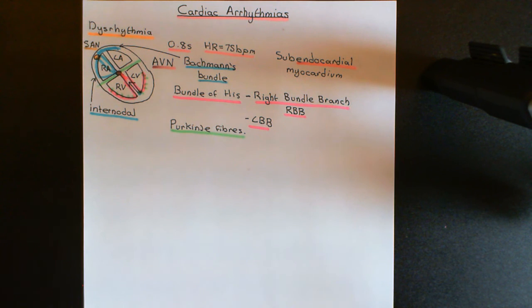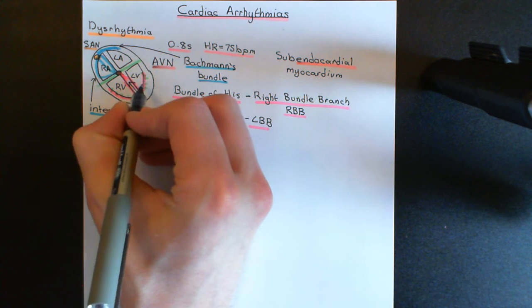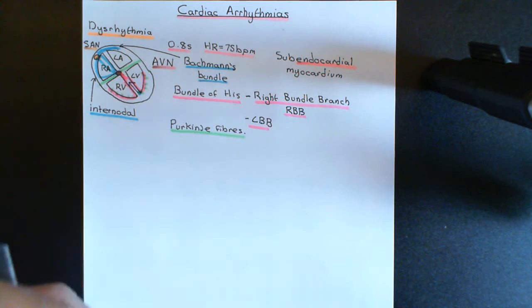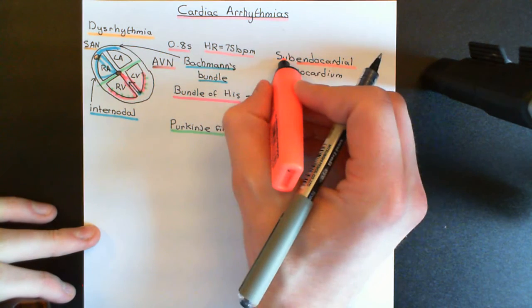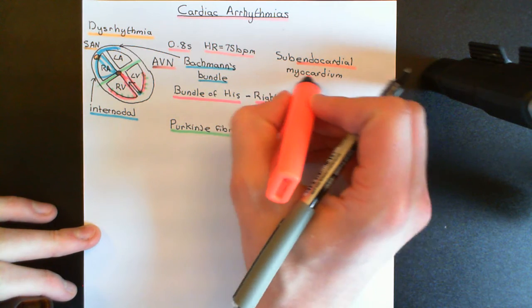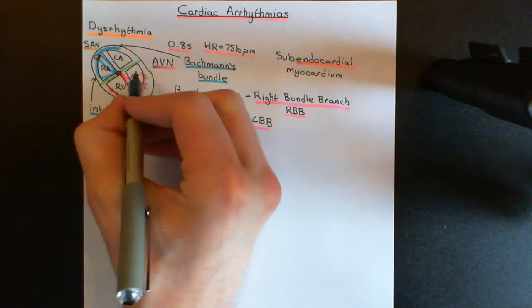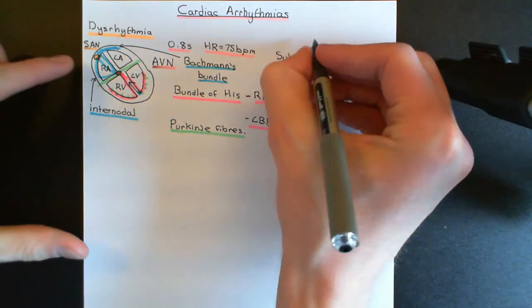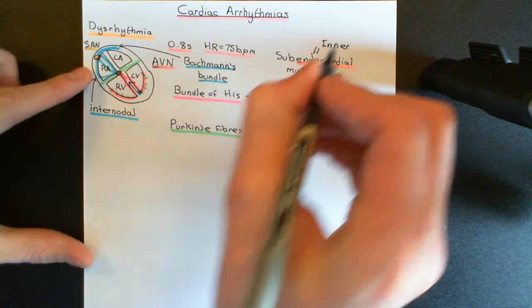It's also lined by endothelial cells. So inside of the myocardial wall, you have endothelial cells. These are known as the endocardium. So subendocardial means underneath the endocardium, myocardium, okay, which just means muscle of the heart. So it means the inner portion of myocardium. So this is the fancy way of saying the inner myocardium.